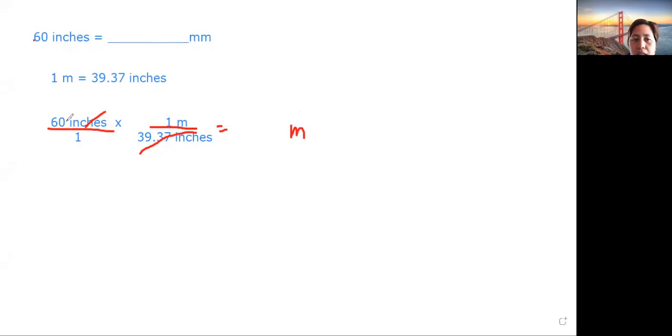So 60 divided by 39.37 is equal to 1.524.